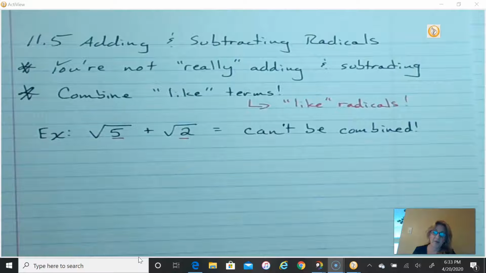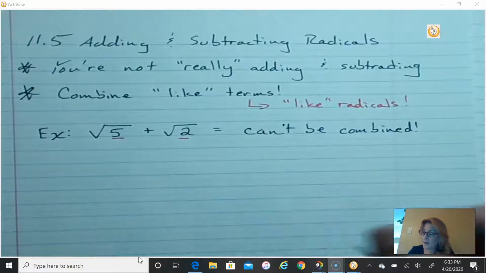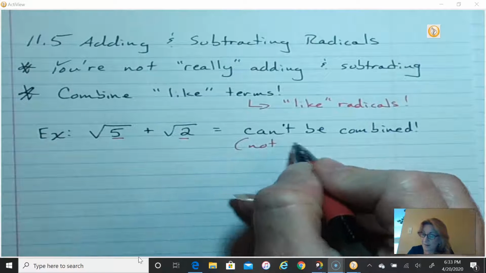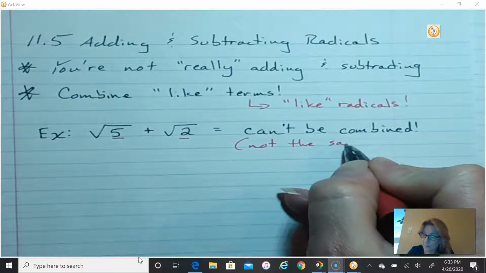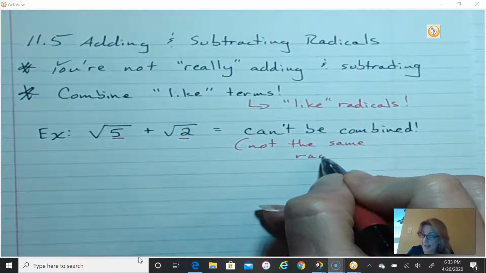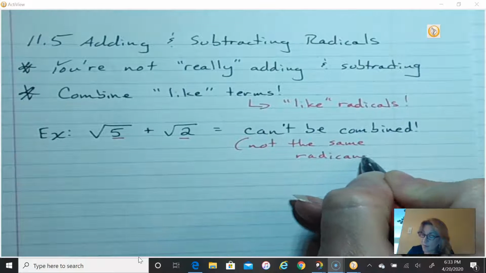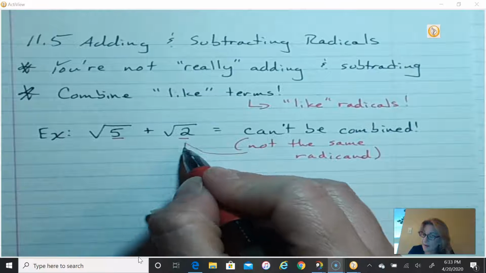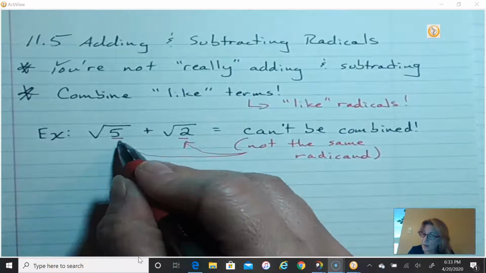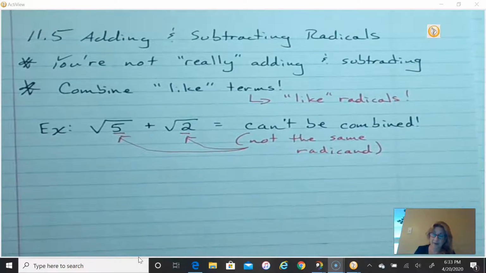The square root of 5 and square root of 2 do not have the same radicand. Now remember, the radicand is that number inside the radical sign. That's your radicand.